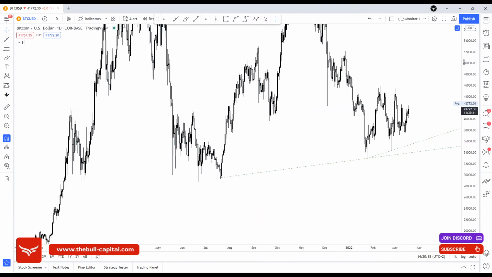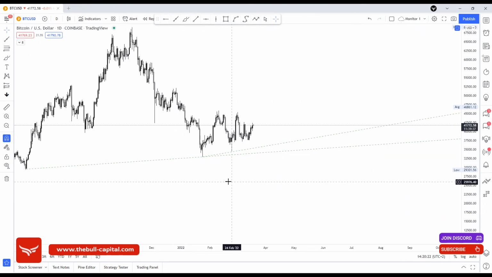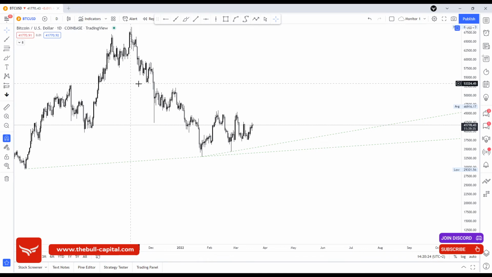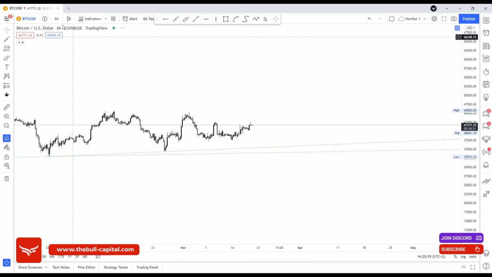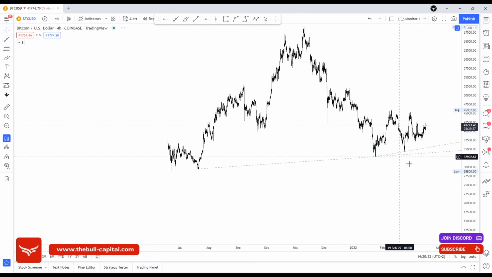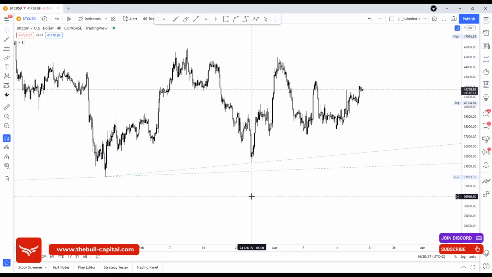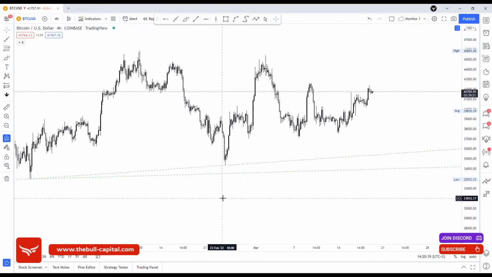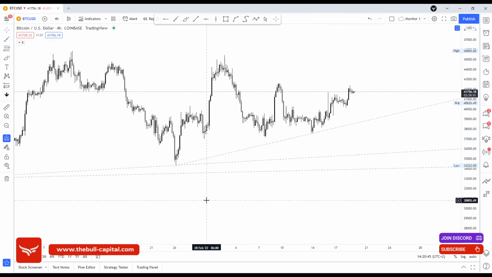So you can have a lot of trends on different time frames. These are from daily. Let's go to the 4 hour time frame, and here we can have another one.